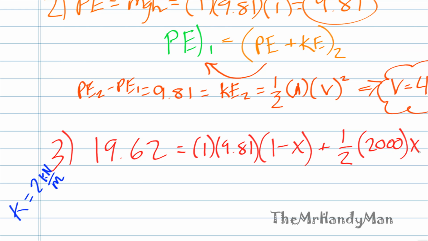Now realize that we have this big long equation and one unknown. That means that we can solve for it.